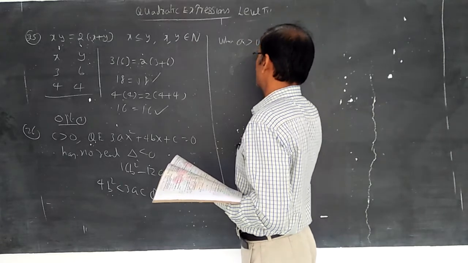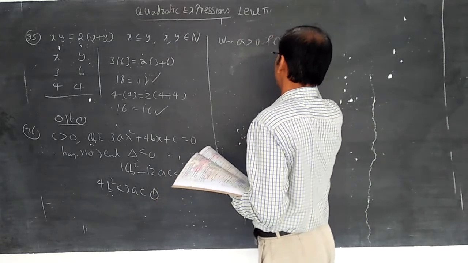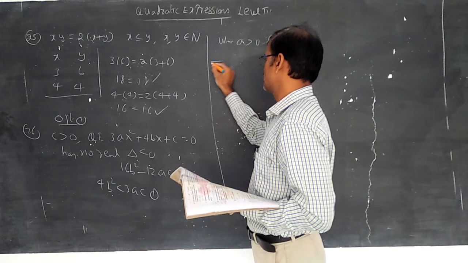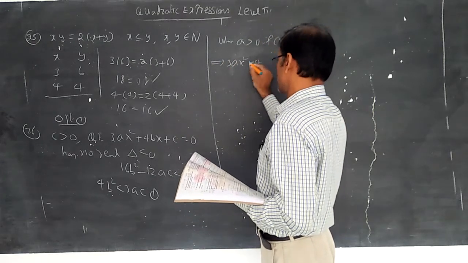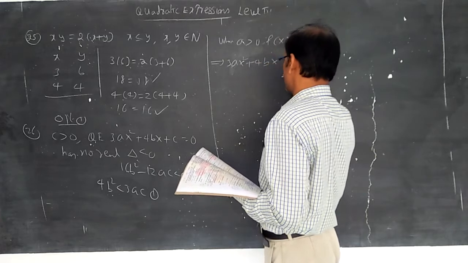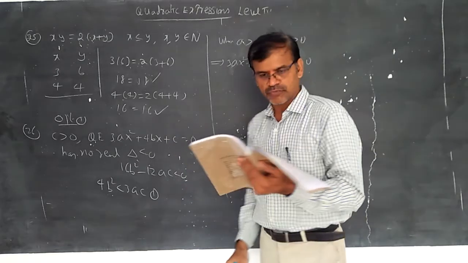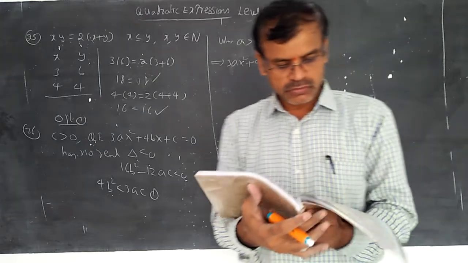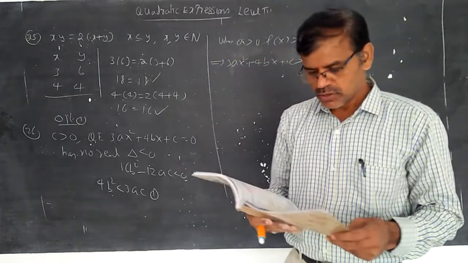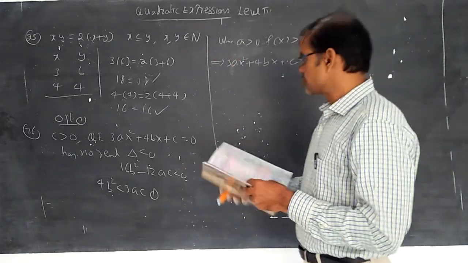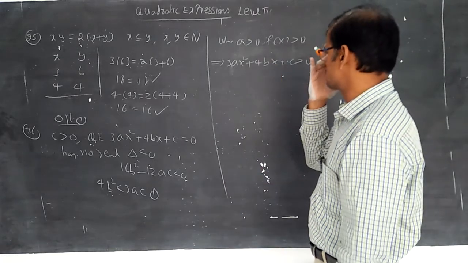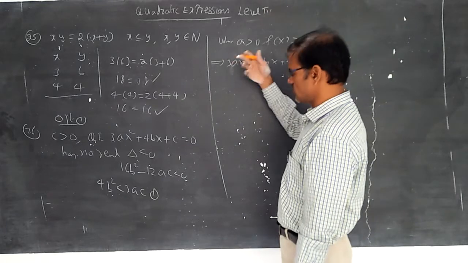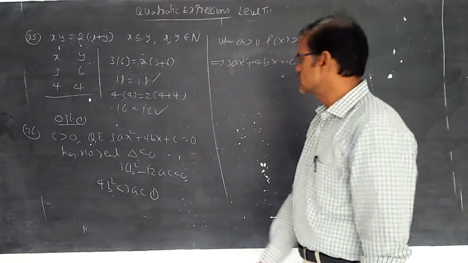So when a greater than 0, expression f of x greater than 0. So 3ax square plus 4bx plus c greater than 0. According to the condition here, c greater than 0. For every x, since a is greater than 0, it is positive.